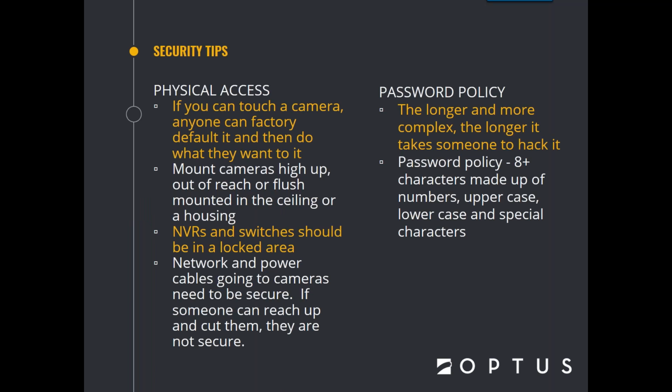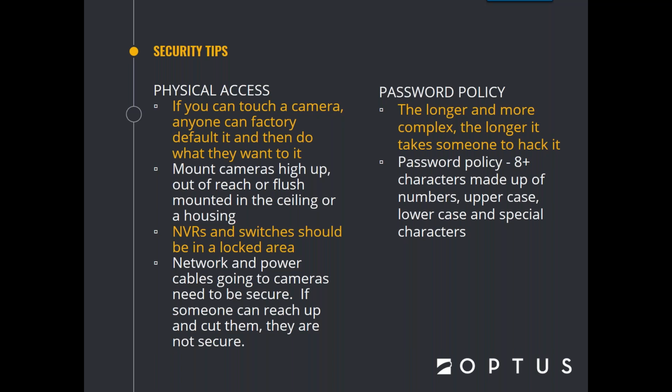Here are some really high-level security tips to make sure the solution you choose has these items available, or if you currently have a security practice, double check that these things are available or enabled. One, it's very simple, but it's physical access. If somebody can get to your cameras, they could do something to them.